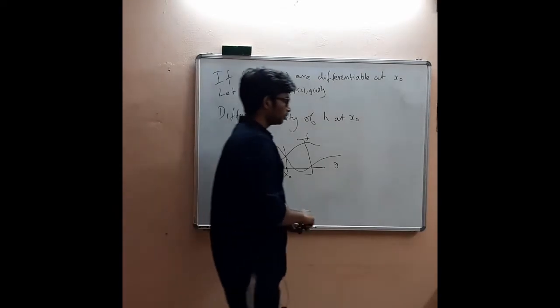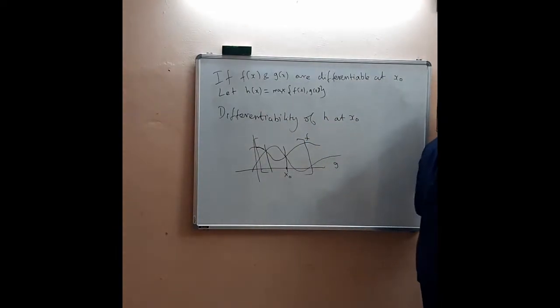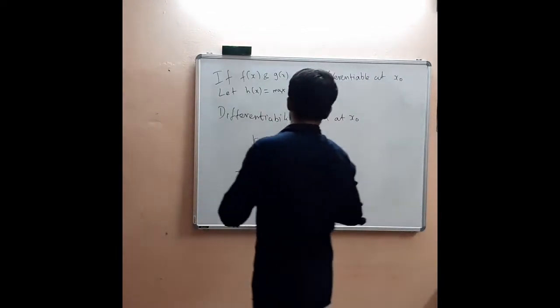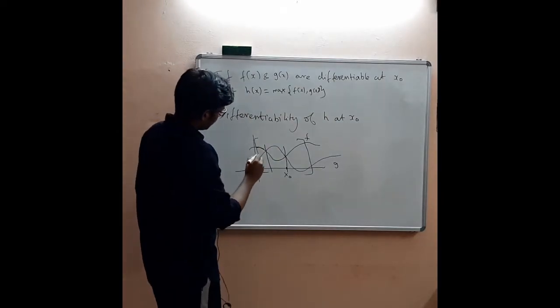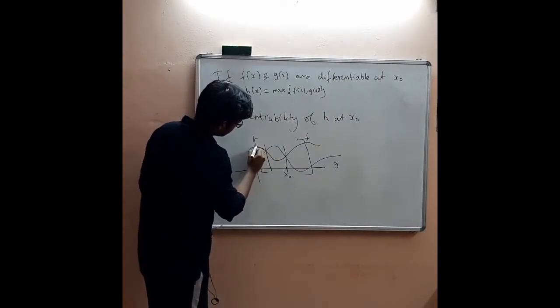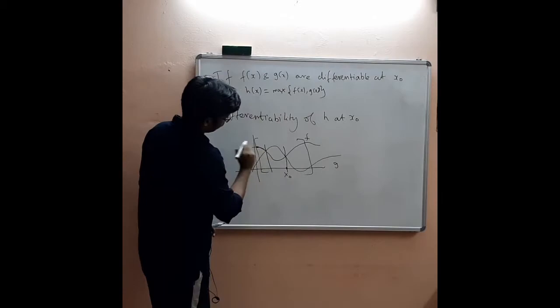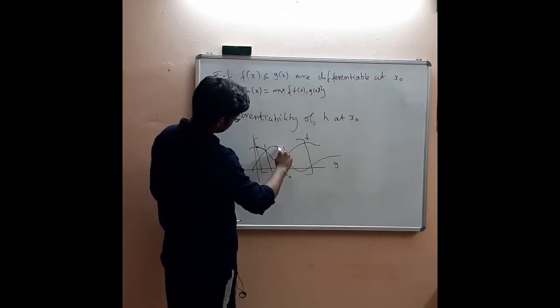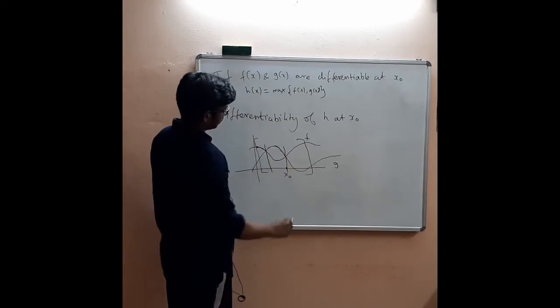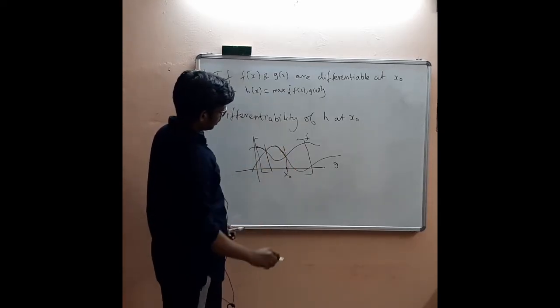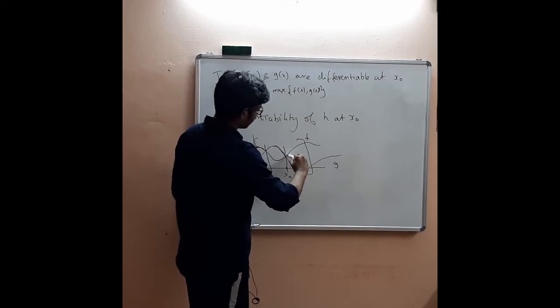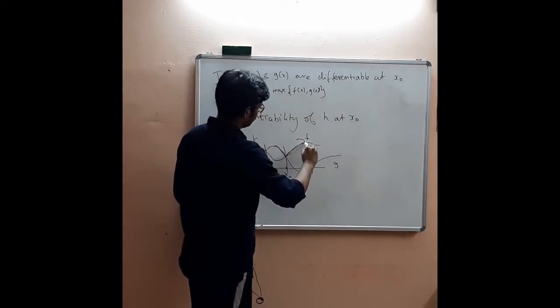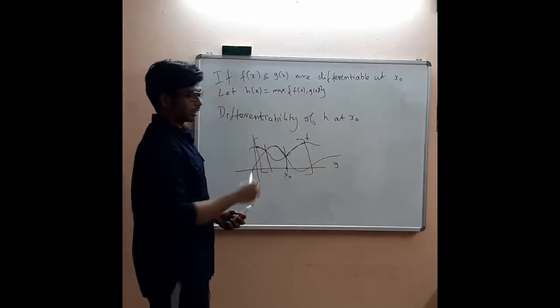Let me color it for better understanding. So h will choose f here, then g here, and once again f here, because that's what maximum means.